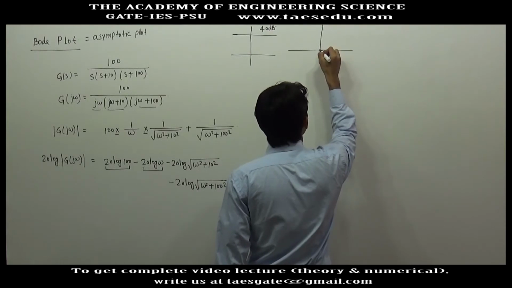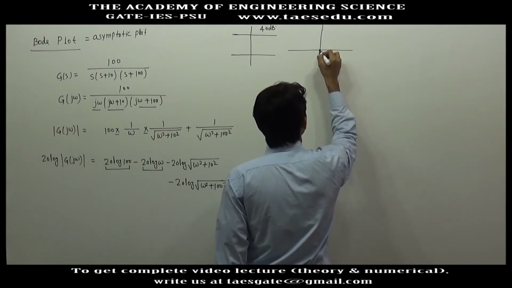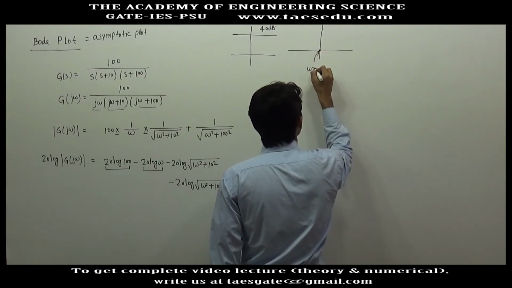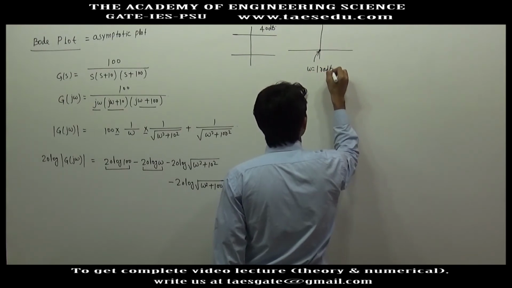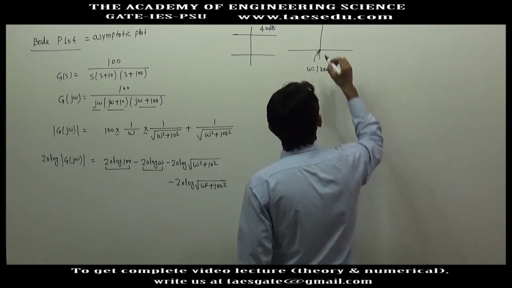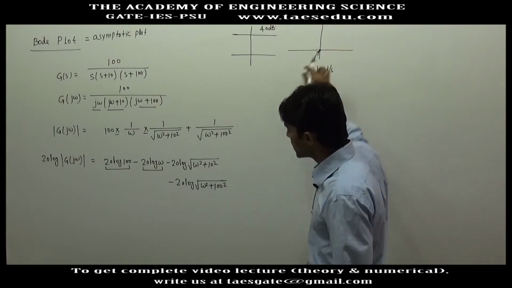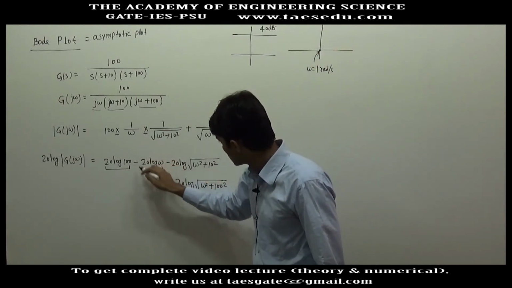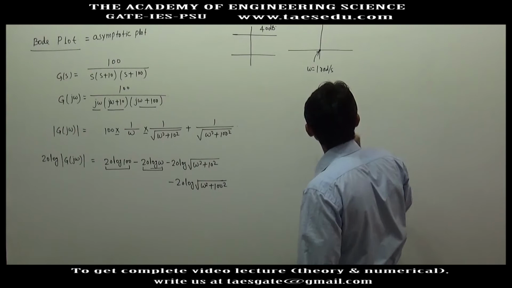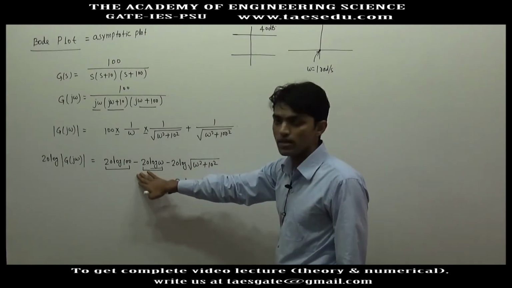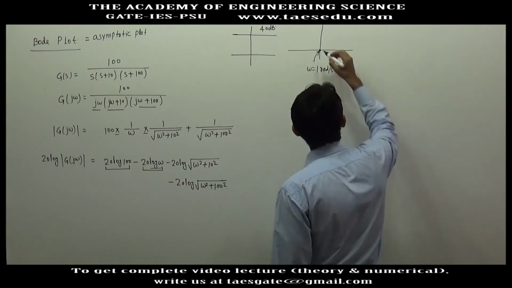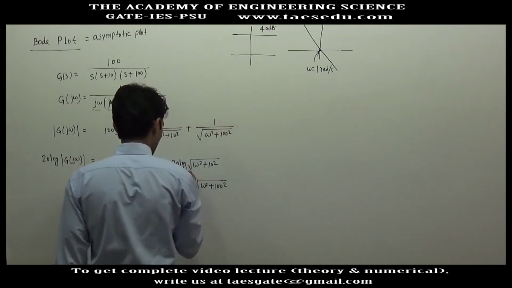Let's say at this point we have log omega equal to 0. This point is omega equal to 1 radian per second. So at this point log omega is 0, so minus 20 log omega will be 0. And the slope is minus 20 dB per decade. Then the next part.